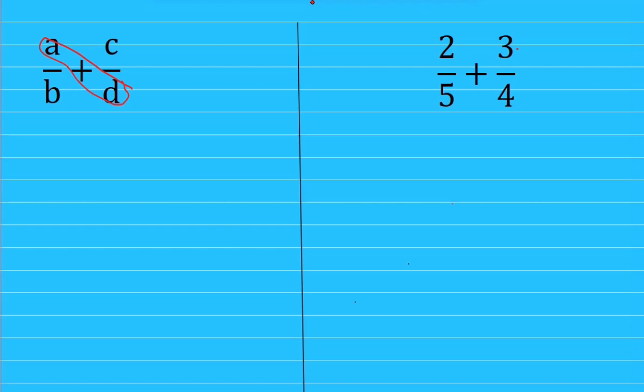We multiply the leading diagonal, A times D. And then we bring in our plus sign and multiply the other diagonal, that is B and C. That one will give us B times C. And then after that, we divide it by the multiplication of both denominators, BD.